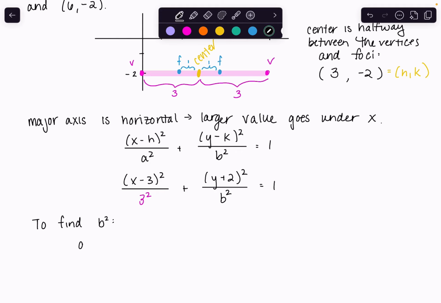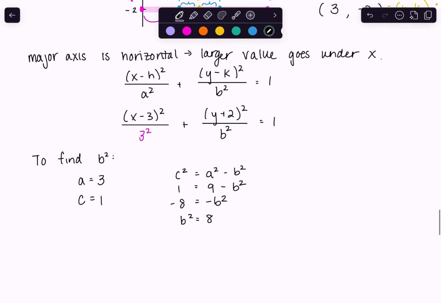So our value of a is 3, our value of c is 1, and then we have that connection: c squared is the larger value squared minus the smaller value squared. So 1 is going to be 3 squared minus b squared. Subtracting 9 gives us -8 is -b squared, which just tells us b squared is 8.